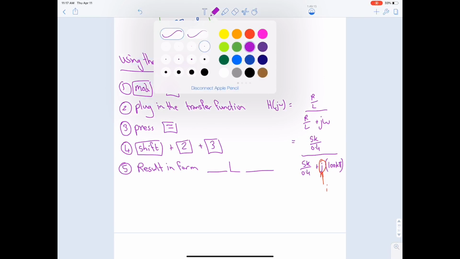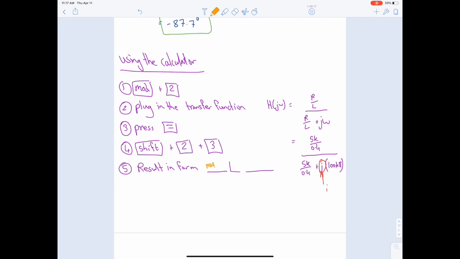The first number will be the magnitude, and the second number will be the phase angle. So what you will see in the calculator, if you solve this question, is 0.04, this sign, and minus 87.7. Of course there are more digits, but I just rounded it up. We're done for this question.